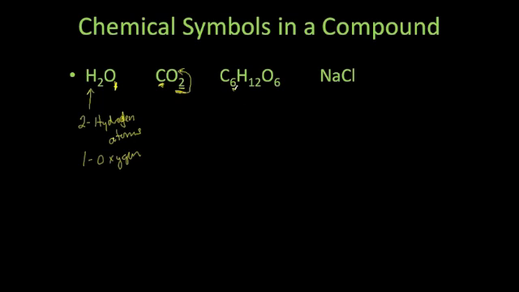In glucose you have 6 carbon atoms, 12 hydrogen atoms, and 6 oxygen atoms. And in sodium chloride you have 1 sodium atom and 1 chlorine atom. They don't have subscripts because the symbol is enough to tell you there's at least 1 atom there.